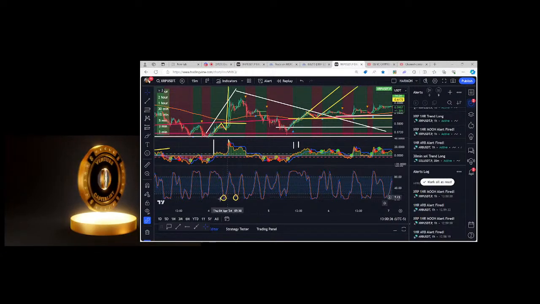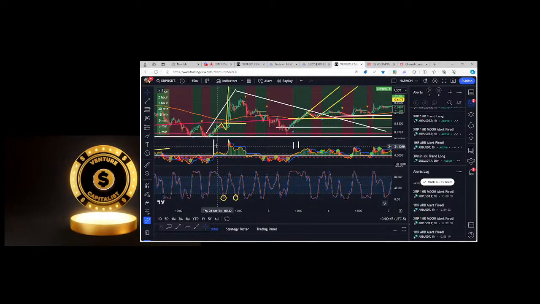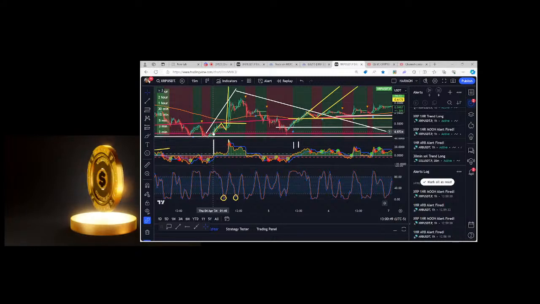The 15-minute is the ability to get a second entry or to add to a position during a current position at a better rate. Meaning that if the 1 hour moon hits here and you buy this position and you wait for the 15-minute RSI to pull back, so let's say you do a 50% entry on the moon entry.